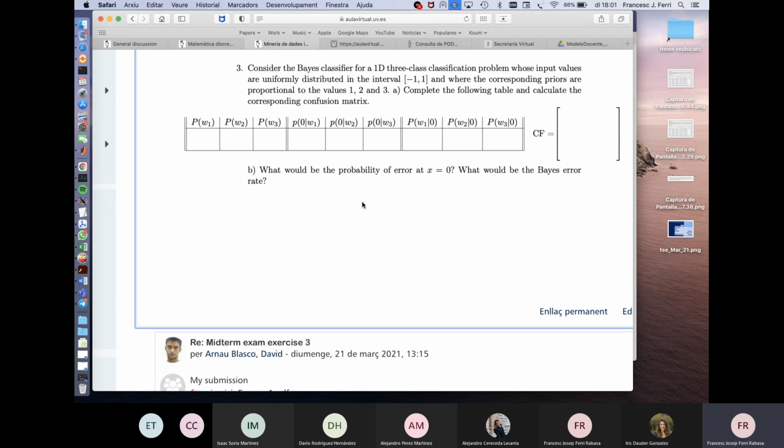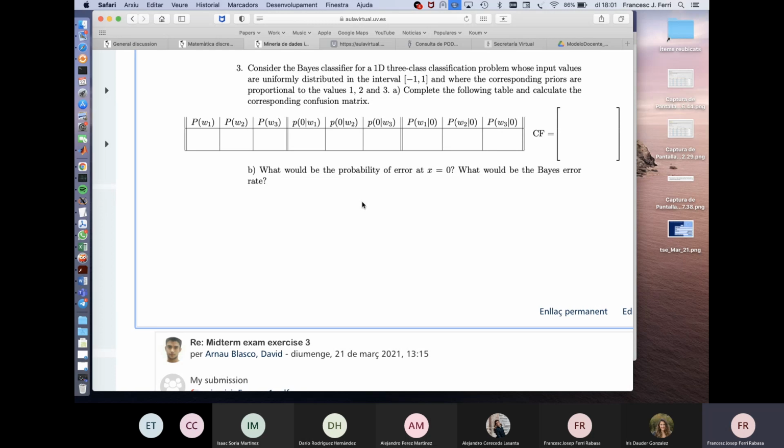If half of the time inputs come from class 3 because of this prior, and the Bayes classifier is always correct for this half, what's the probability of error?